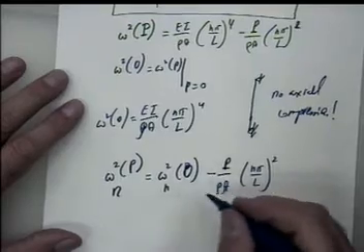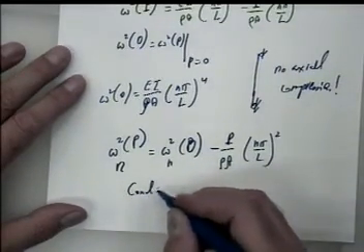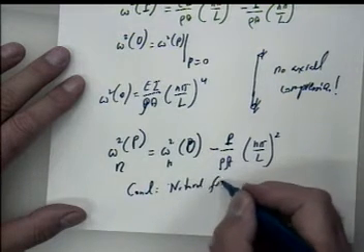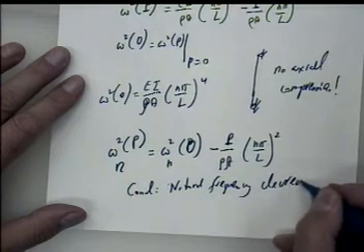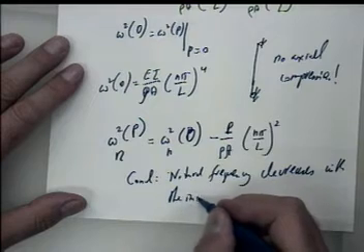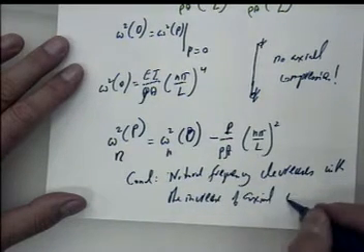Now what does it say? Conclusion. Natural frequency decreases with the increase of axial compression.